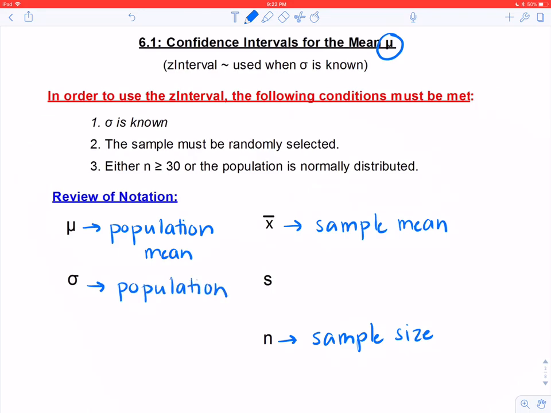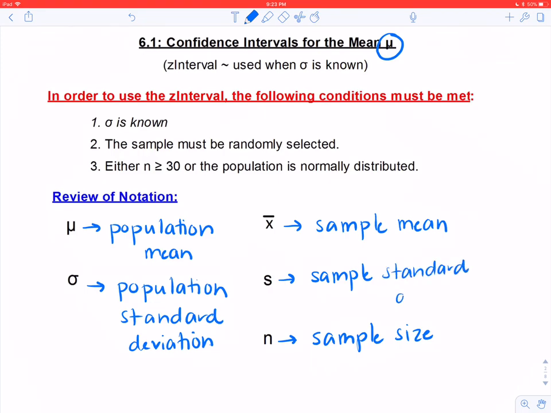So we should know that sigma is always our population standard deviation. And s, we haven't seen that one in a little while, not since Chapter 2, but s also represents a standard deviation. But this is for the sample data set, which is a subset of our population.